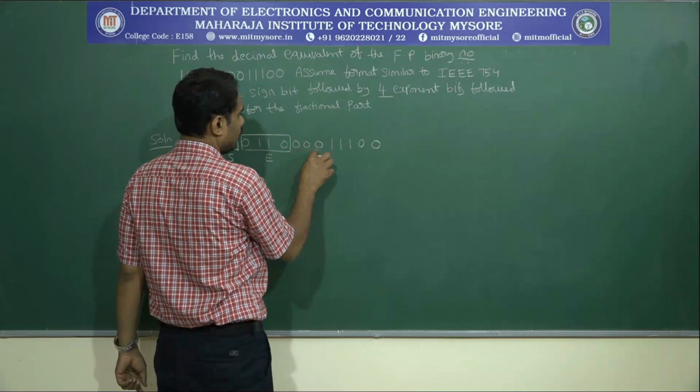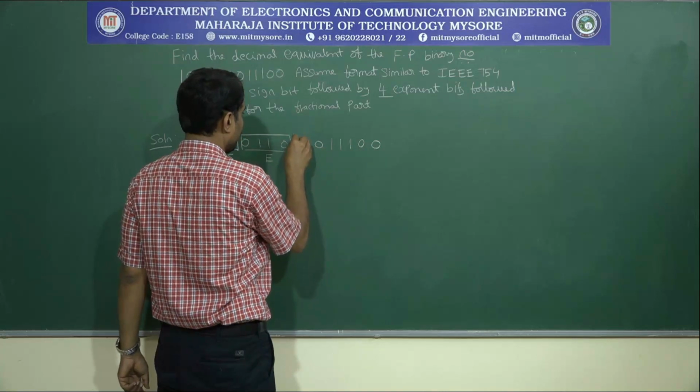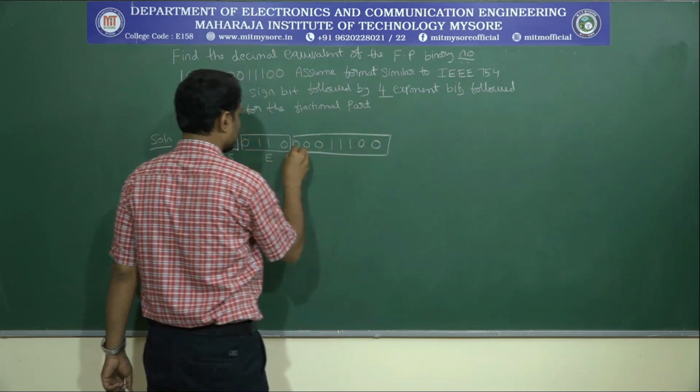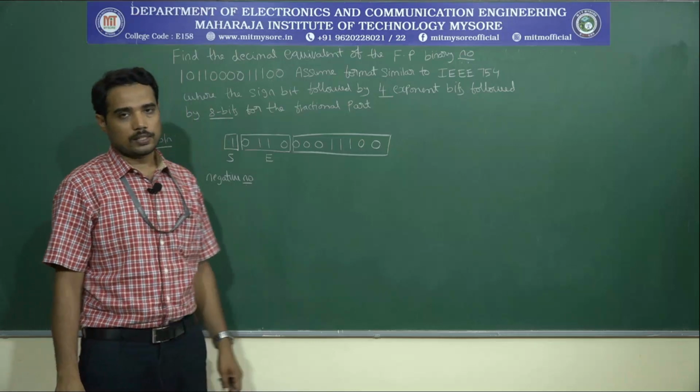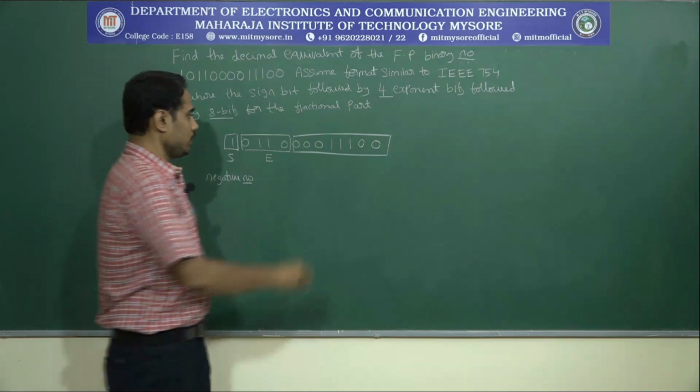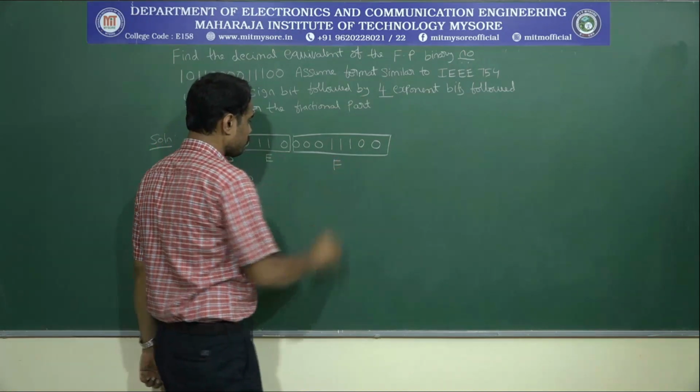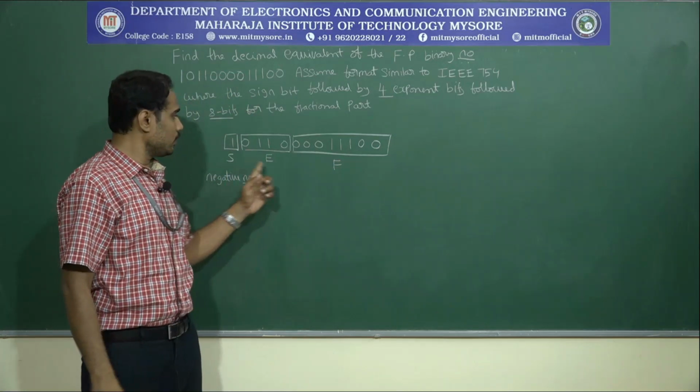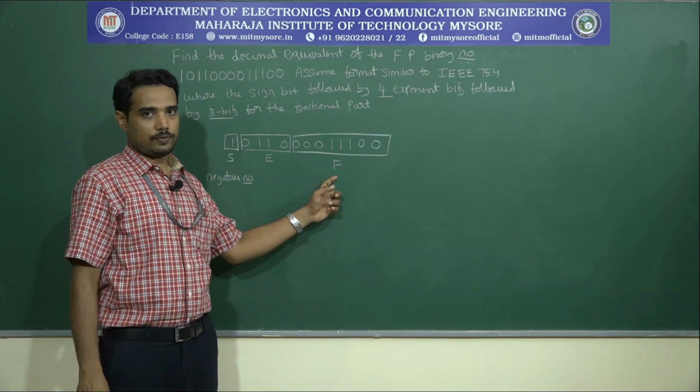That means 4 plus 4, total 8 bits are reserved for the fractional part. That is F. We have the S field, E field and F field.